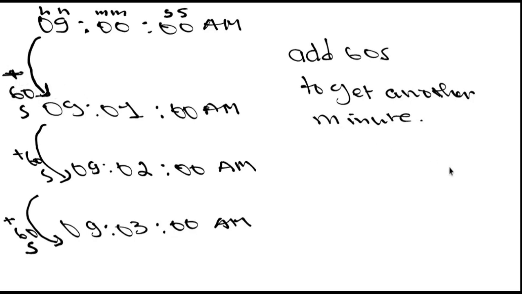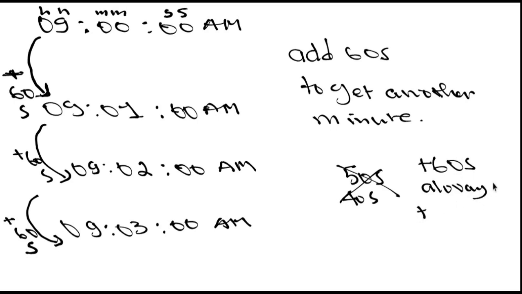If you add only 50 seconds, you don't get another minute. If you add only 40 seconds, you don't get another minute. You need to add 60 seconds always to have another minute. So that makes S a constant.